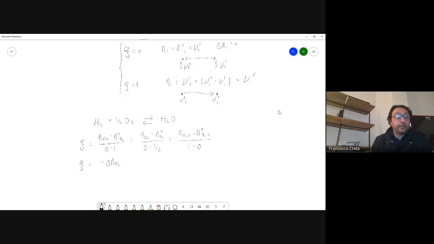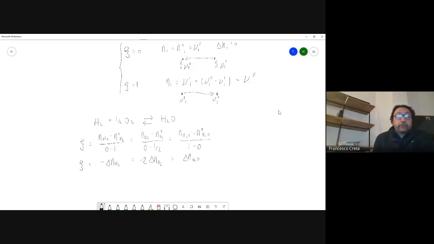And the same thing here, the only thing now is that this minus a half becomes minus 2 delta NO2. So you see what's happening here. Let me finish this by writing delta N H2O.